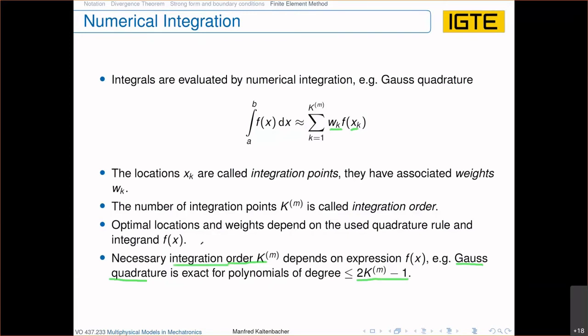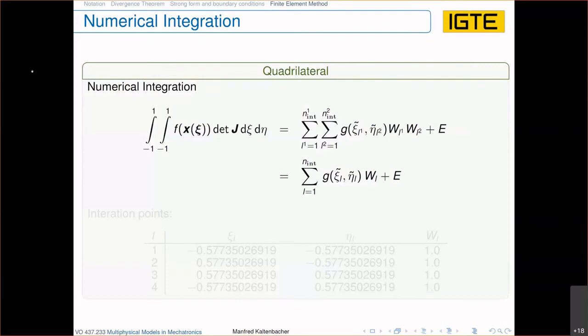Which means for us that in most cases for the bilinear quadrilateral we use 4 integration points, and that is as shown here. We evaluate this by this double sum. We have to go in xi and in eta direction. For each direction we have our own weighting function, and perhaps you are not exact and you make some error.